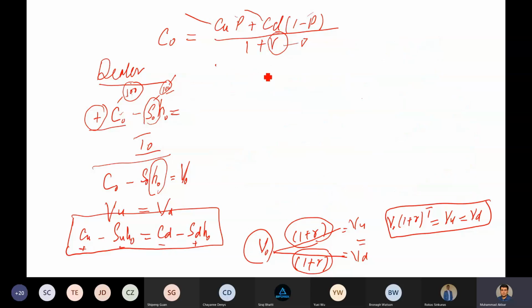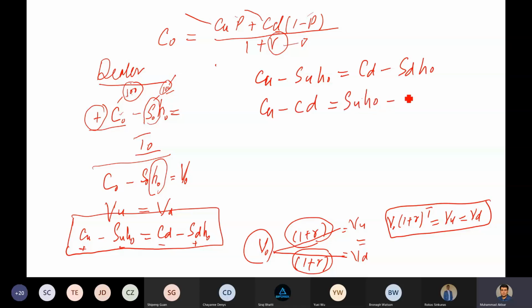I can rearrange the terms: CU minus SUH naught is equal to CD minus SDH naught, and I can write it like this: CU minus CD is equal to SUH naught minus SDH naught. Because H naught is common here, CU minus CD is equal to H naught into SU minus SD.